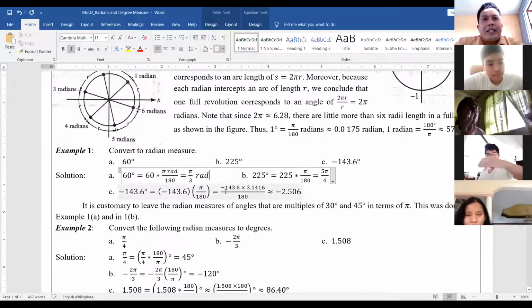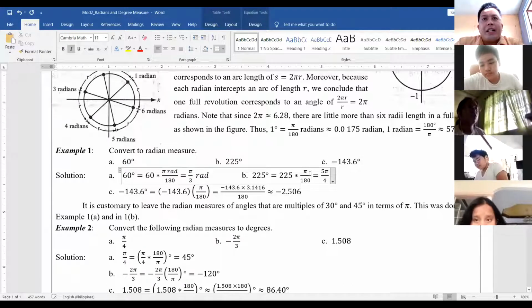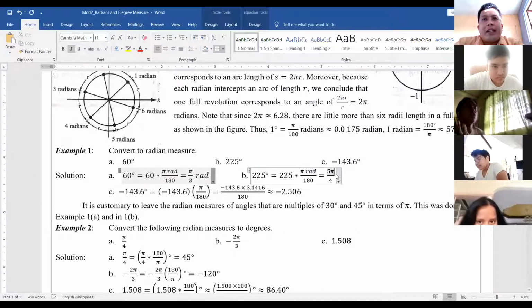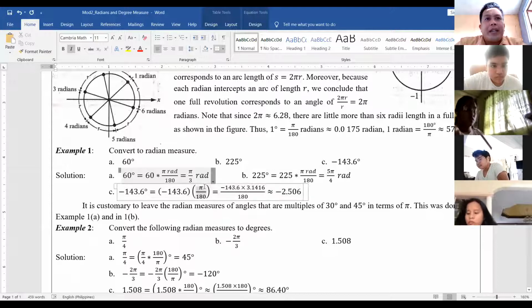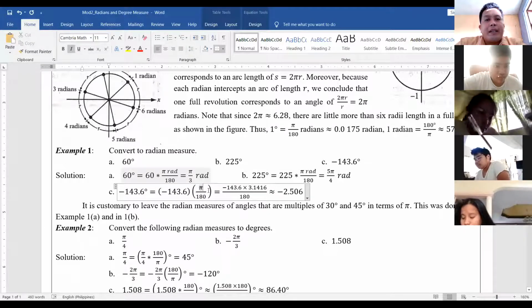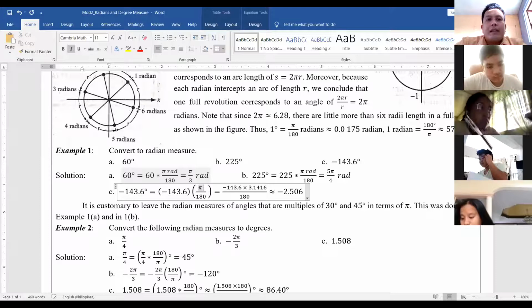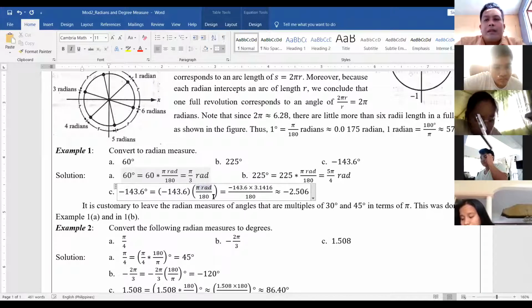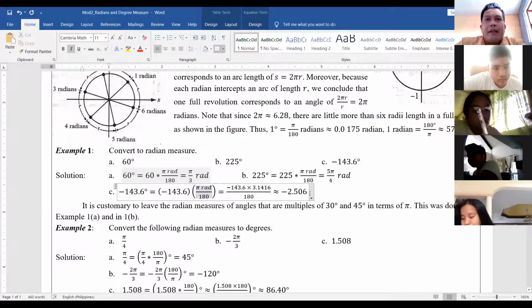I forgot to write it there. There's pi rad there, and there's also rad in the final answer. Here we also have pi rad, and then here we have the rad.